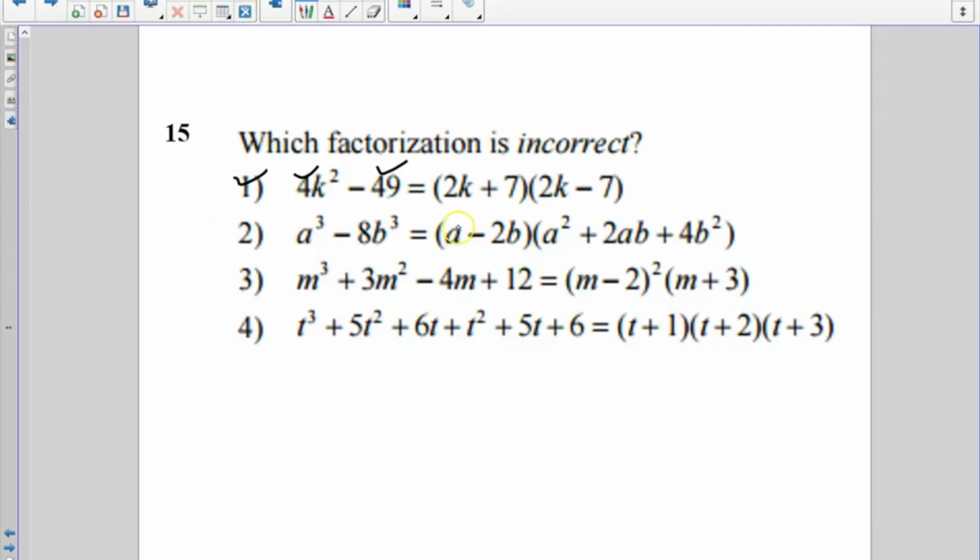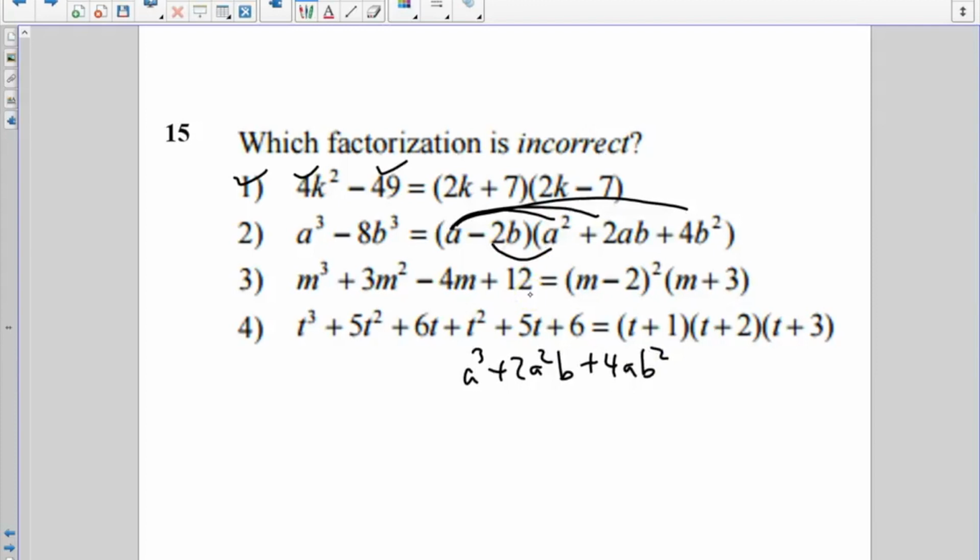This one right here, I'm going to go ahead and do distributive property, so a times a squared gives me a to the third. A times positive 2ab gives me positive 2a squared b. A times 4b squared gives me positive 4ab squared. And then I'm going to do the same thing with the negative 2b.